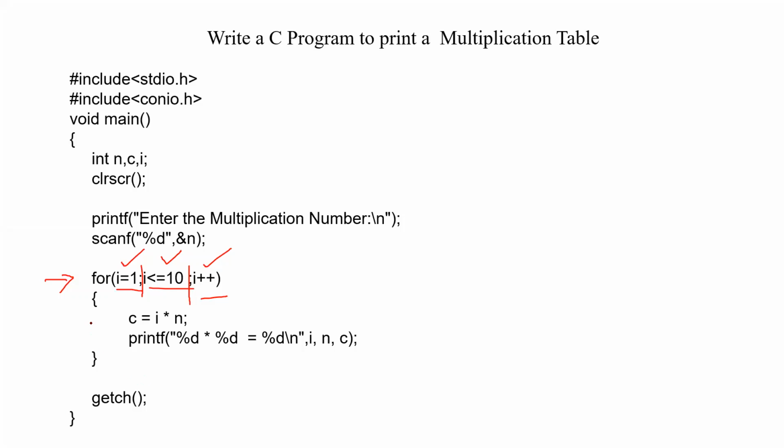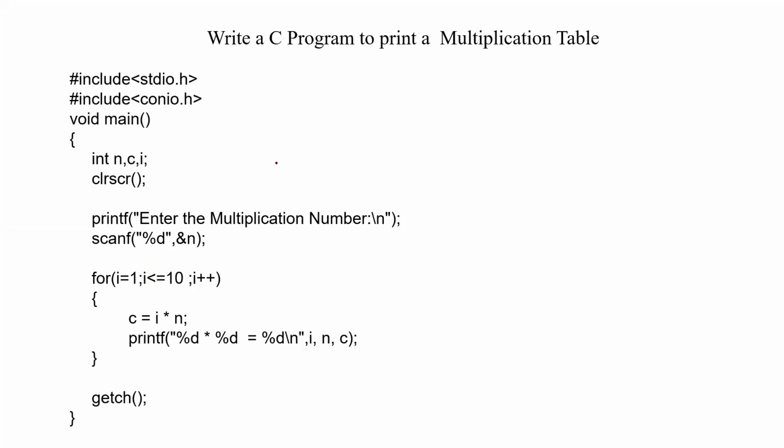So inside the body of the loop, we will be printing the value of the variable. So here we have the control variable along with the variable n. What is the aim of our program? Here we are aiming at printing the multiplication table of a number accepted.